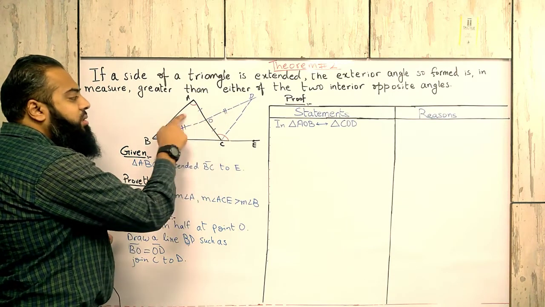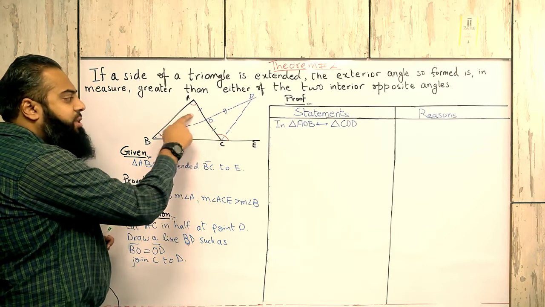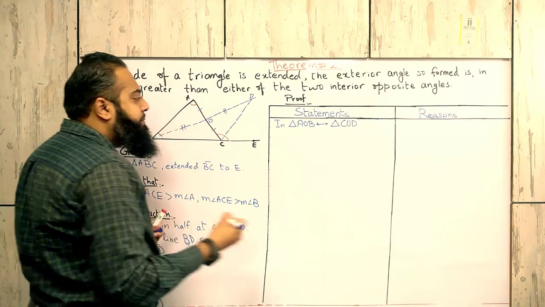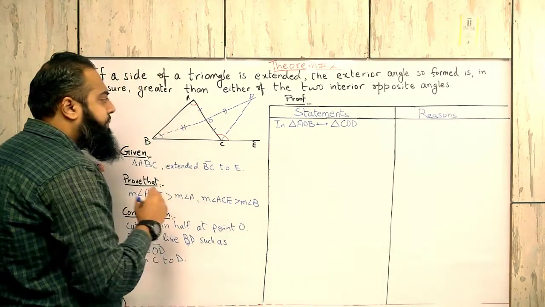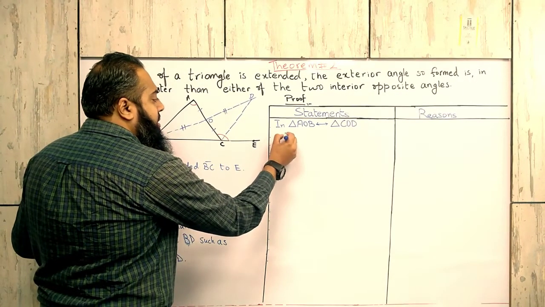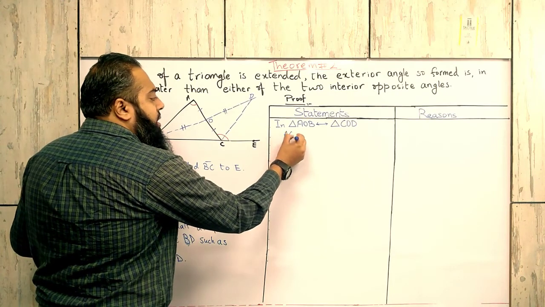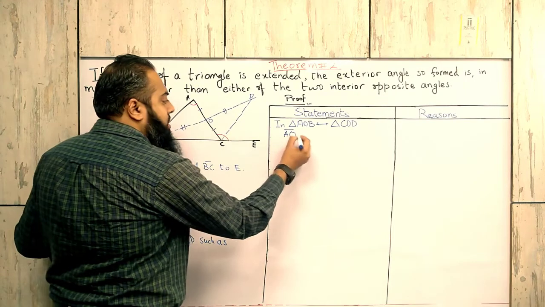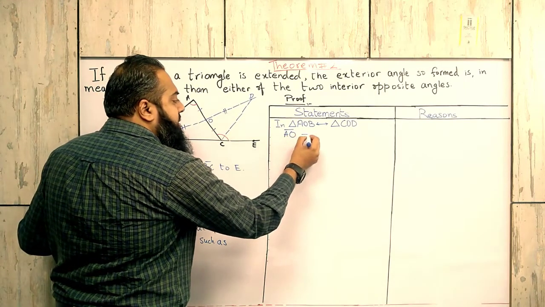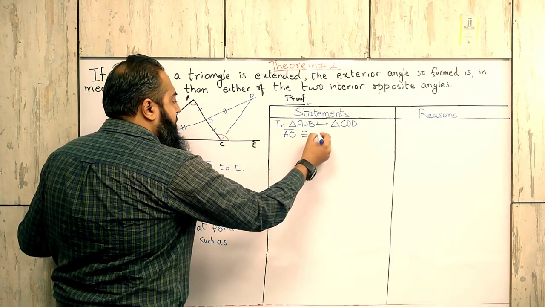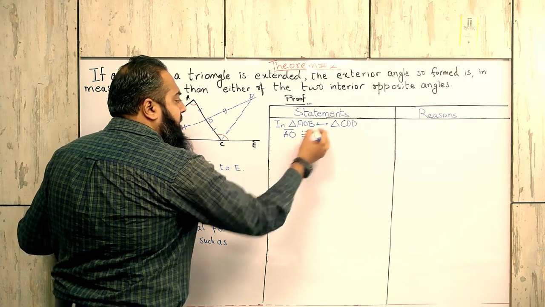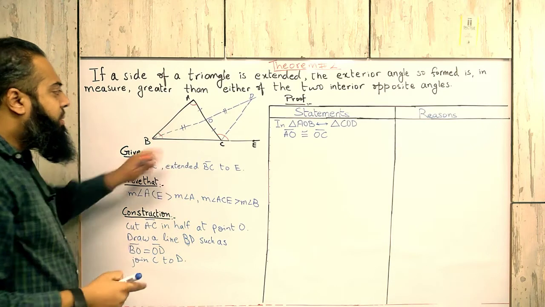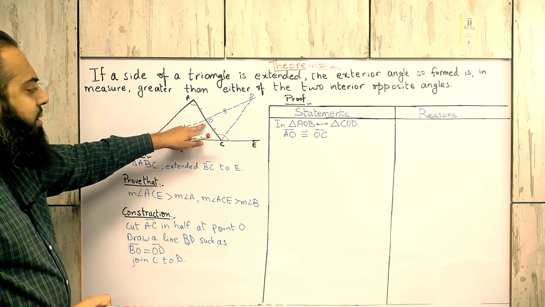Both triangles are in correspondence with each other. So therefore, we can clearly see that line AO, the distance of AO, is congruent to OC, as we have given that both are equal, because point O is the midpoint.